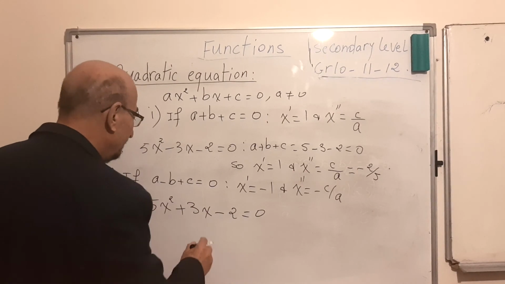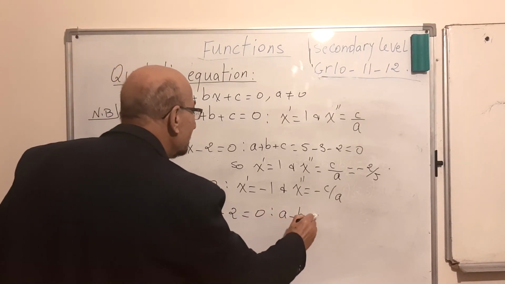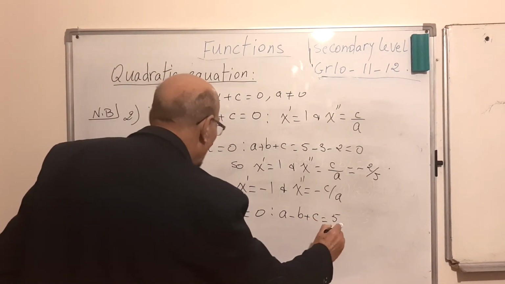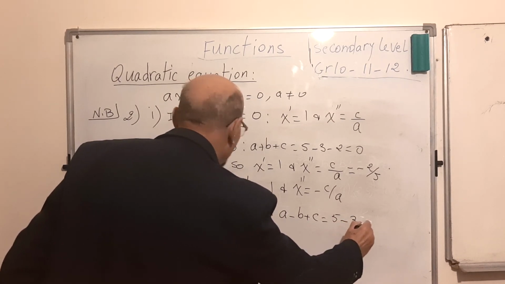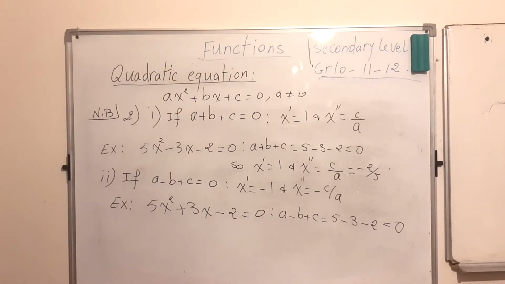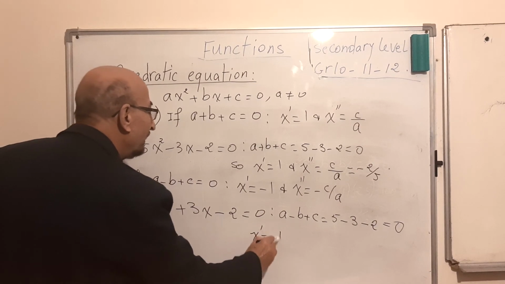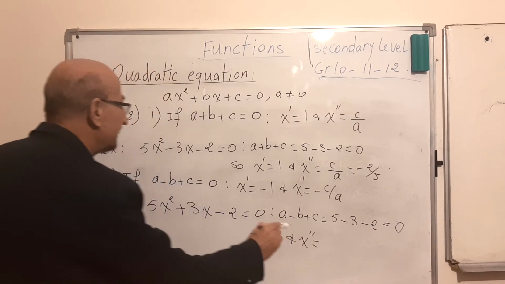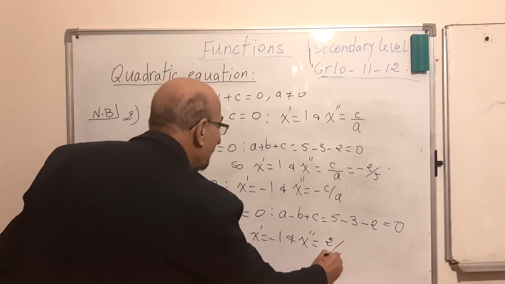We have a minus b plus c, 5 minus 3 minus 2 equals 0. Then the roots are x prime equal minus 1 and x double prime equal minus c over a.